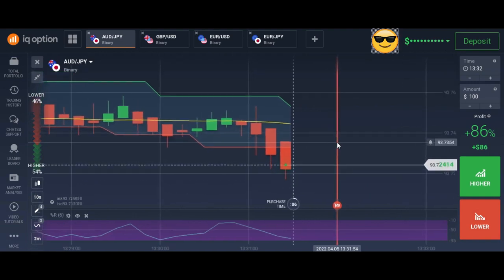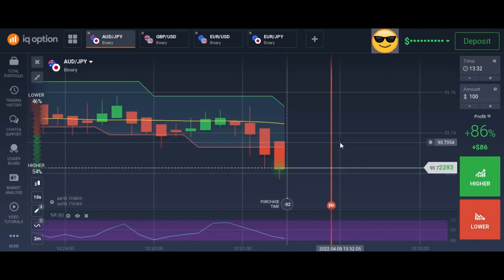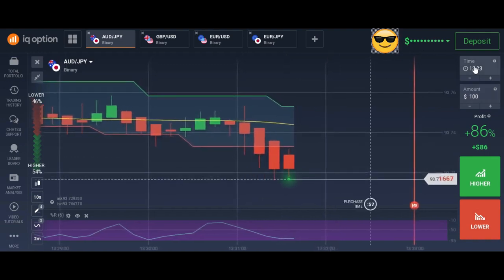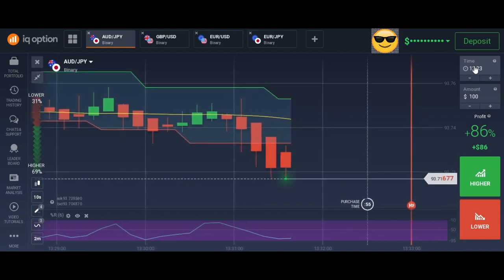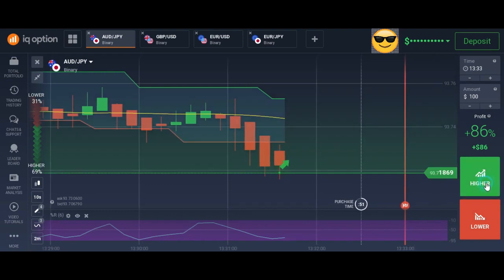Let's apply the strategy. Buy. Well, here the conditions for a good entry are being given. The Williams percent range indicator is telling us that the price is in the oversold zone.